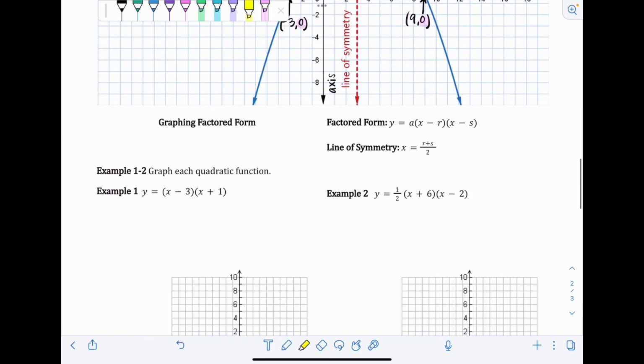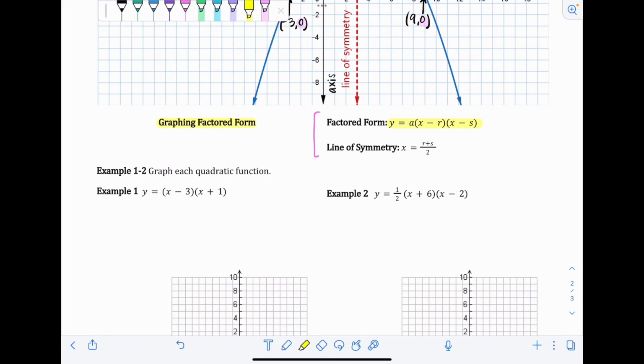Okay, so now graphing factored form. Both of these are really important and need to be somewhere where you can access them. The factored form equation is y equals a times (x minus r) times (x minus s).